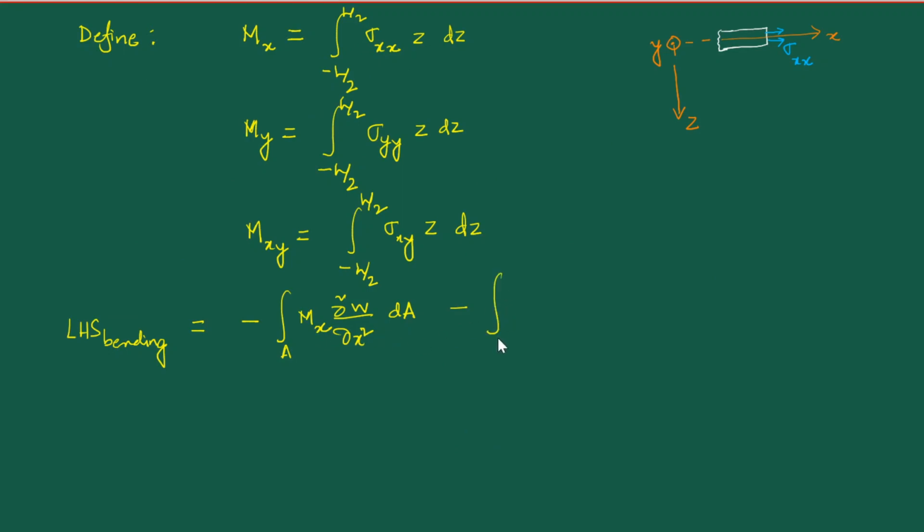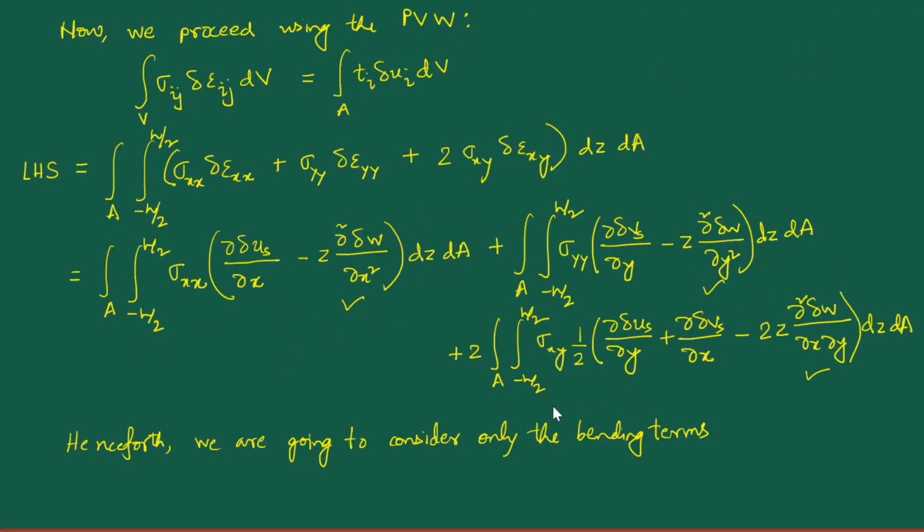In a similar fashion, we'll have this thing, and then we'll have this mxy term, integration with respect to A. But let us not forget, just take a look here, that although this half cancels with this 2, we still have a 2 outside.